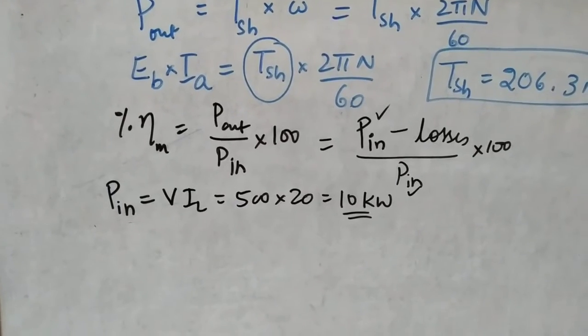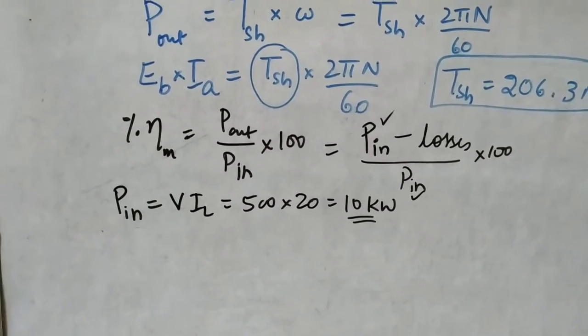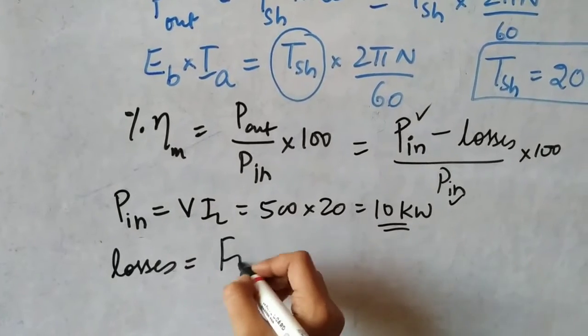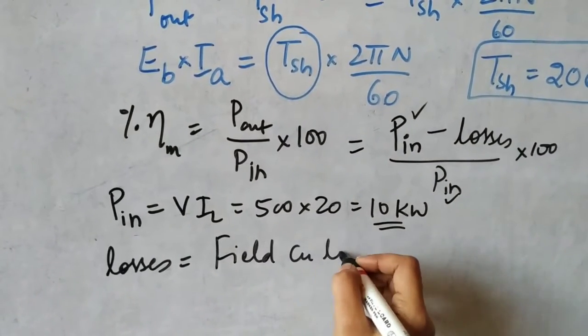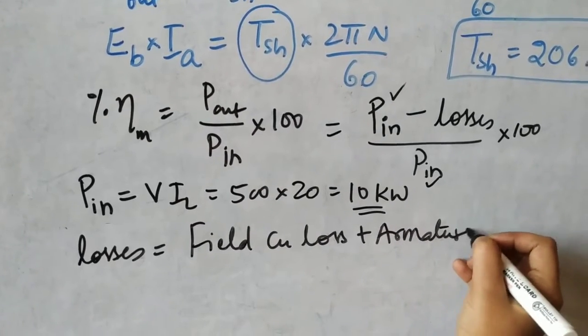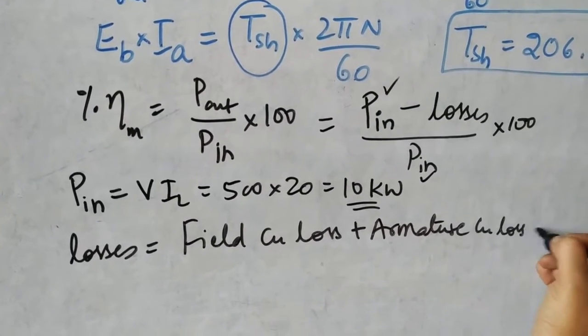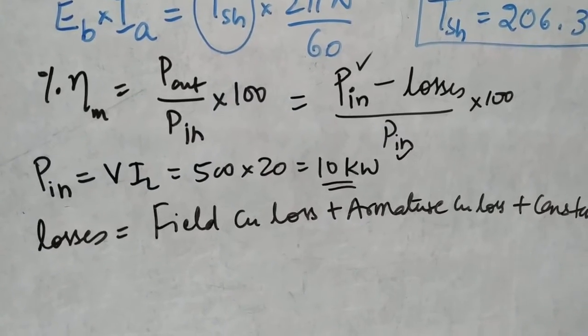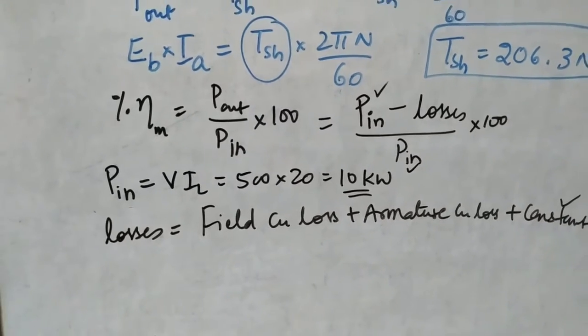So the total losses will include the field copper loss plus the armature copper loss plus the constant loss. Constant loss is already given, right?